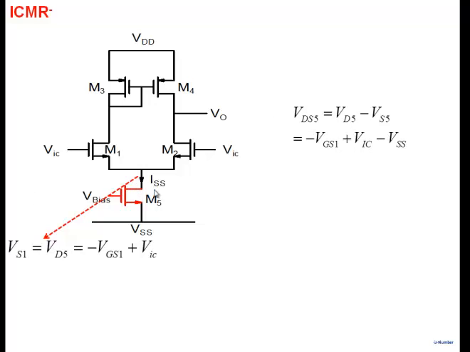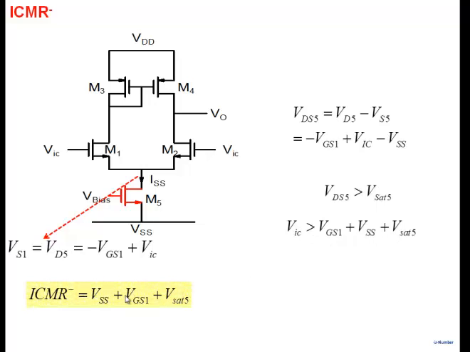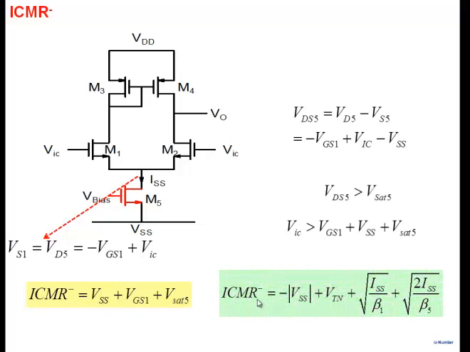And we have to make sure that this difference is larger than VSAT5. And so we plug in all the values here, and it tells us that VIC must be larger than this value. And we put in the value of VGS1. So ICMR minus is VSS plus VGS1 plus VSAT5. VSS is negative. And we rearrange after plugging in the values. We get ICMR minus is so much here.